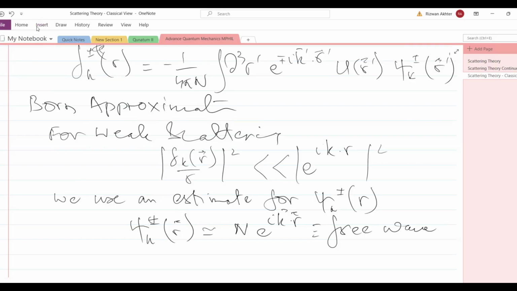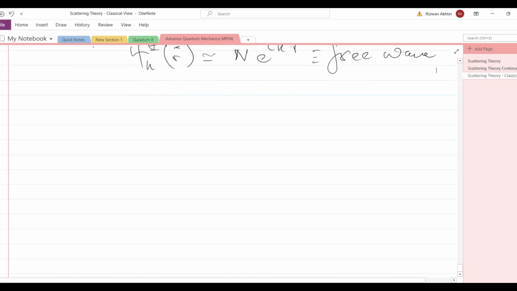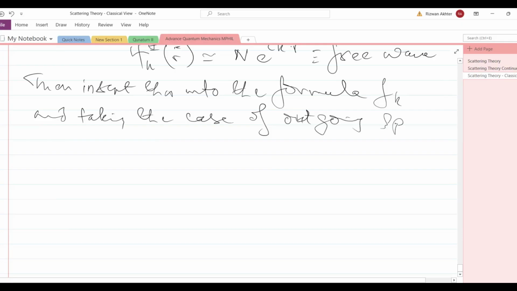So inserting this into the formula for f k, we would consider the case of the outgoing wave, यानी f k के प्लस वाले लेंगे, f k के माइनस वाले नहीं लेंगे, taking the case of outgoing spherical wave.